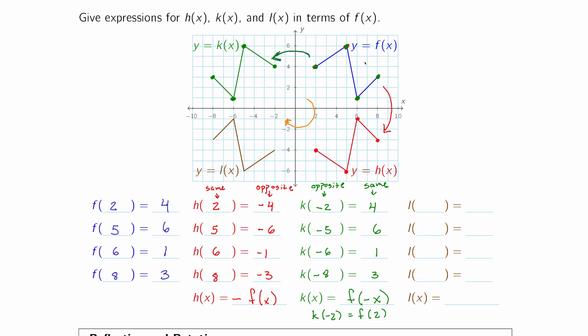Okay, what about this rotation? The rotation is a little bit weird, but I think we can see it. The point 2, 4 comes around to the point -2, -4.